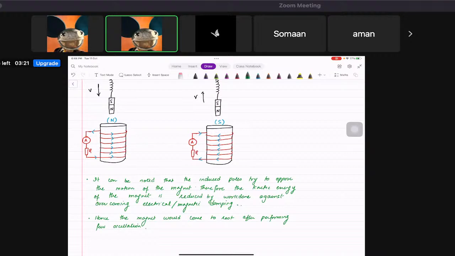Now, there is a resistor right now; if there was no resistor, it would slow down even faster.